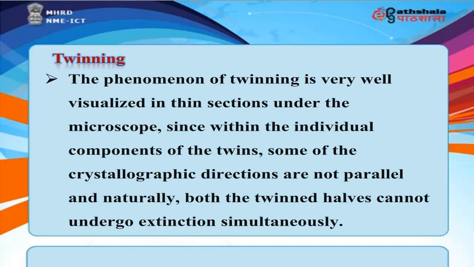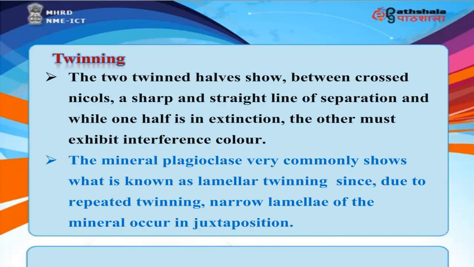The phenomenon of twinning is very well visualized in thin sections under the microscope, since within the individual components of the twins, some of the crystallographic directions are not parallel, and naturally both the twinned halves cannot undergo extinction simultaneously. The two twinned halves show, between crossed Nicols, a sharp and straight line of separation, and while one half is in extinction, the other must exhibit interference color.